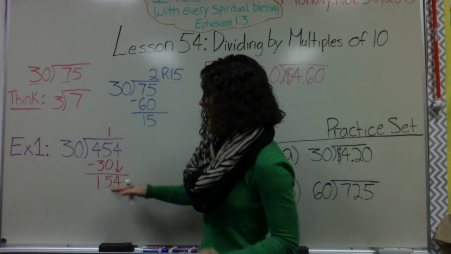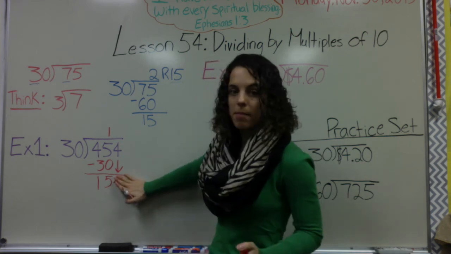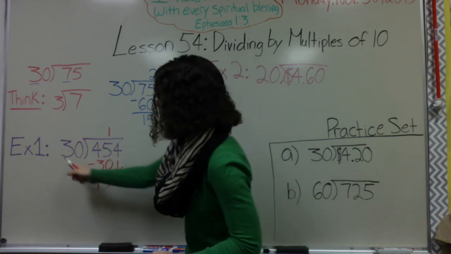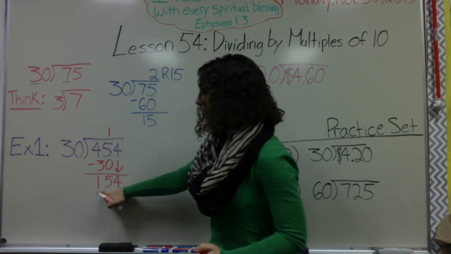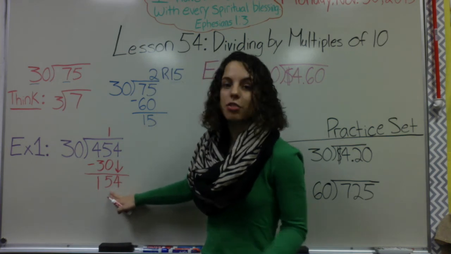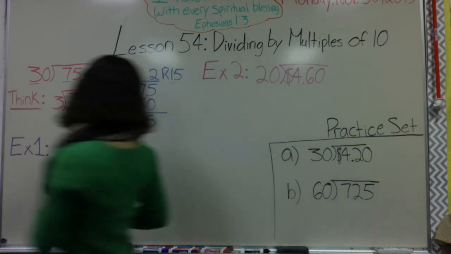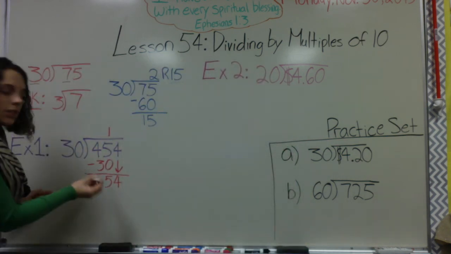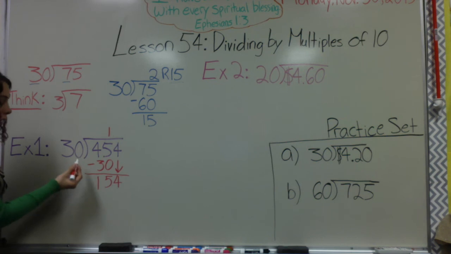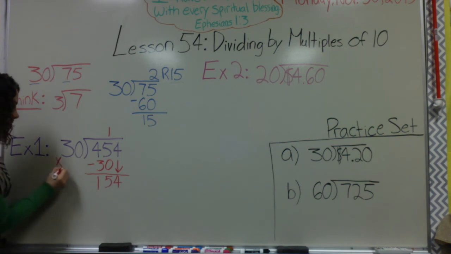Now, not thinking about my ones place at all, how many times could 3 go into 15? So 3 could go into 15 5 times, and I want to double check that. So I'll show you just off to the side. It's a great way to do it if you want to check. If you're not certain, then do 30 times 5 off to the side here.